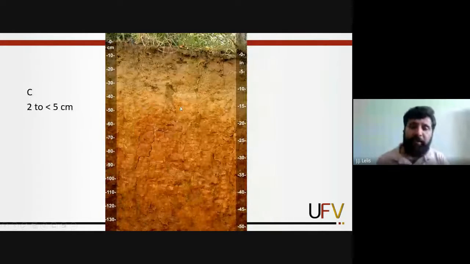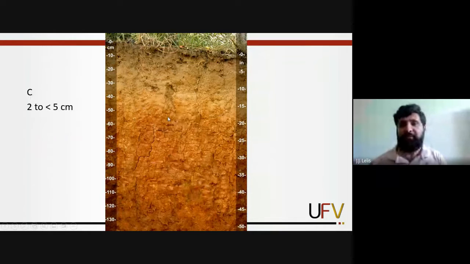This is a clear transition when we have a zone with a mix of some properties from the upper horizon and the bottom horizon.